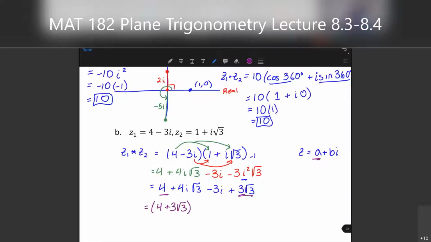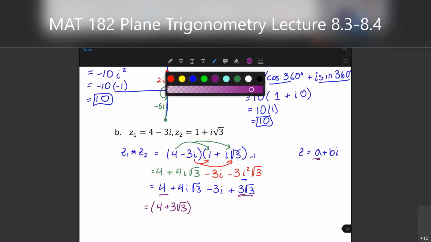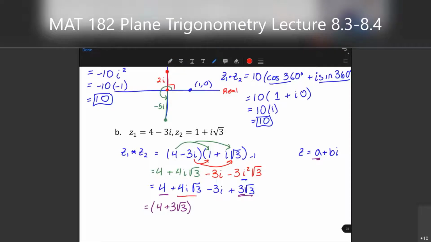And then we have a complex piece. So I'm going to rewrite that complex piece. We'll do that in red as well. So we have 4 square roots of 3 times i, and a minus 3, and that's all times i.